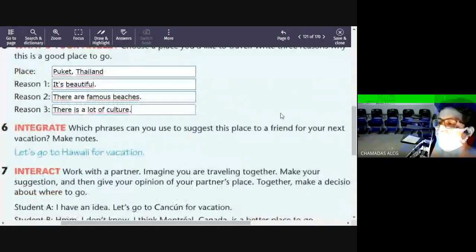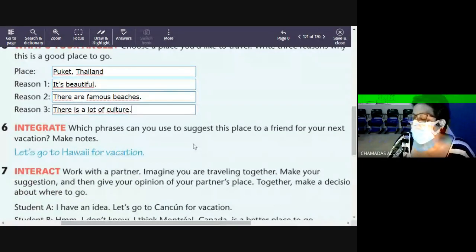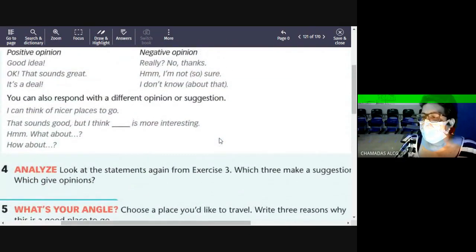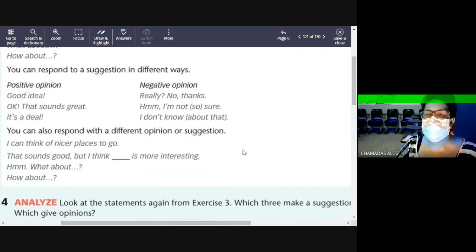It's a mystical place too. There is religion, music, history. You have a bit of everything. So what else to say, right? You can say, how about going to Thailand?